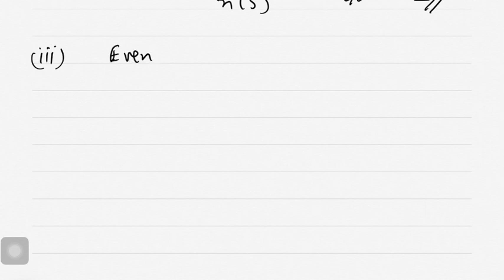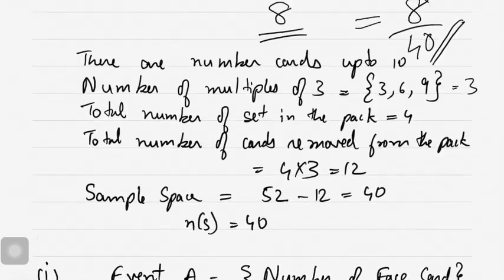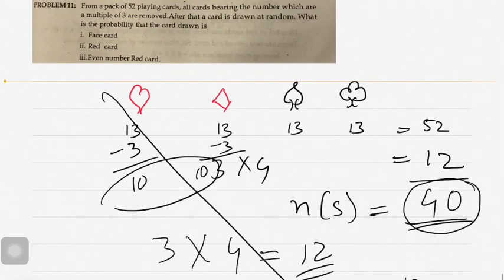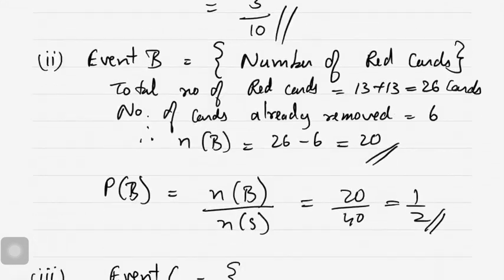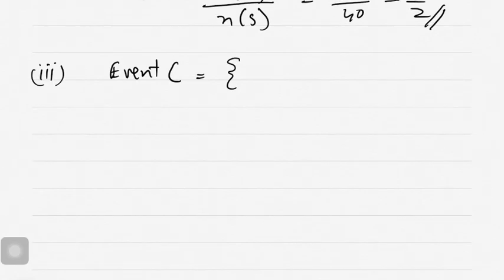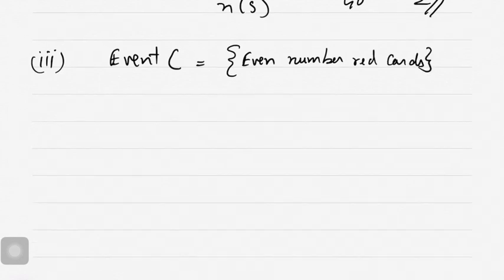Third part, which is event C. What is event C? Even number red cards.